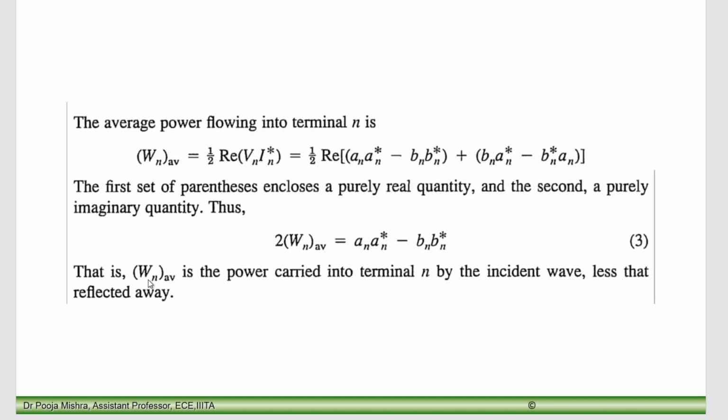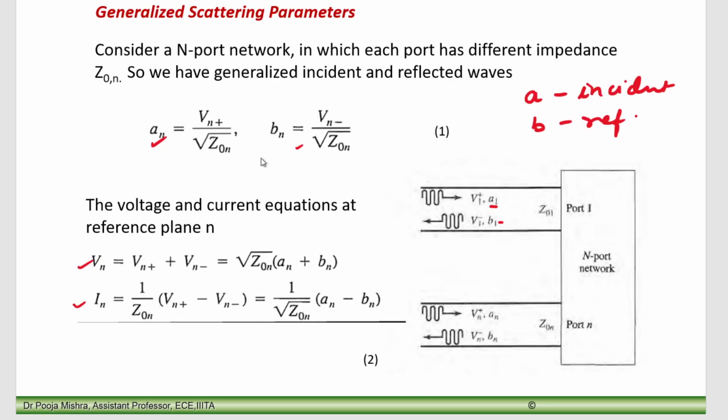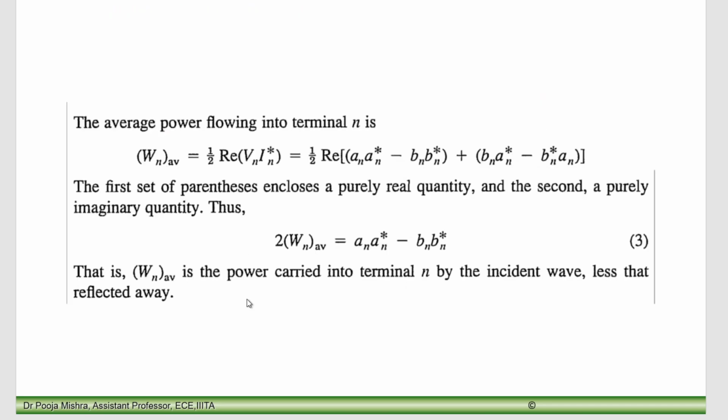Now the average power flowing into terminal n will be equal to 1 by 2 real of Vn In conjugate. We have determined already the Vn and In over here. We'll put these values in the average power equation. This is real Vn In conjugate. So this comes out as An into An conjugate minus Bn into Bn conjugate plus Bn An conjugate minus Bn conjugate An.